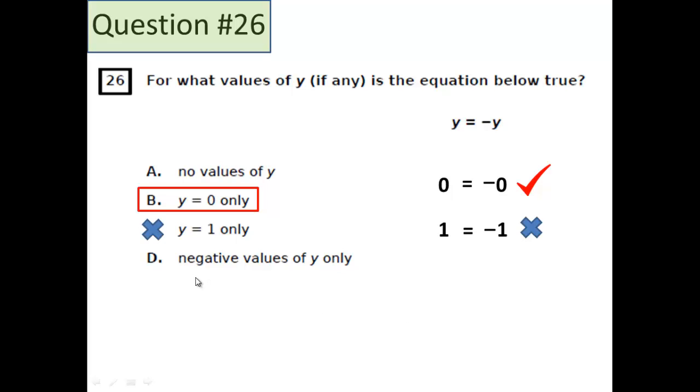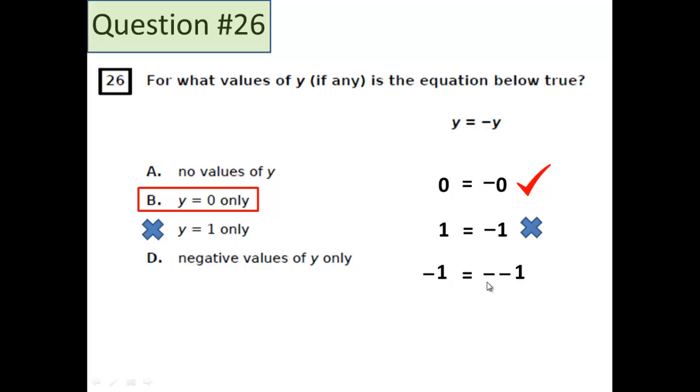Let me look at letter D. Negative values of y only. I don't know. Let me pick a negative value of y and plug it into this equation. -1. I'll throw in -1 in for y. My y's disappear. I throw in -1. -1 equals, remember this, the opposite of -1.